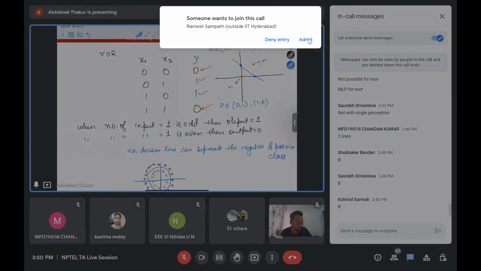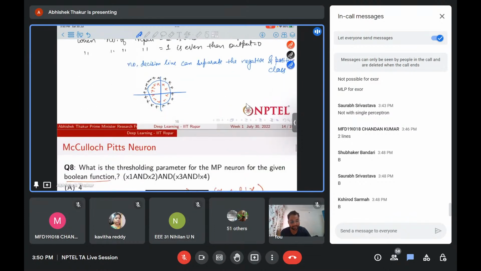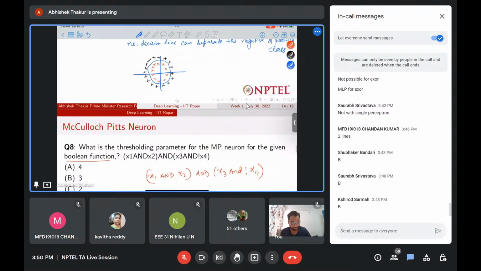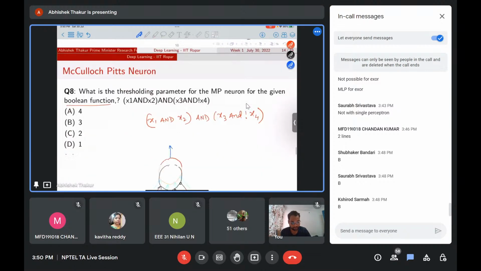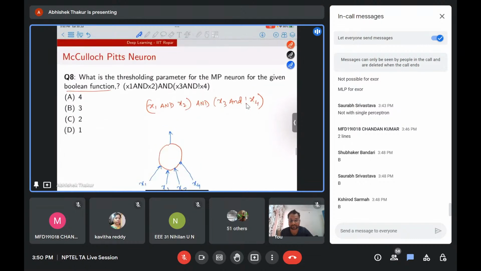Even if you use two lines, that will be very complex, and you have to define four cases. So that is not a proper way. There are non-linear curves which can easily separate the XOR gate, and you will study these in MLP, that is multi-layer perceptron, in the upcoming lecture.